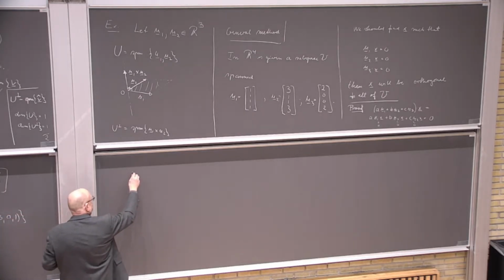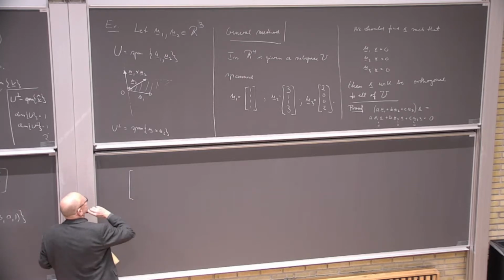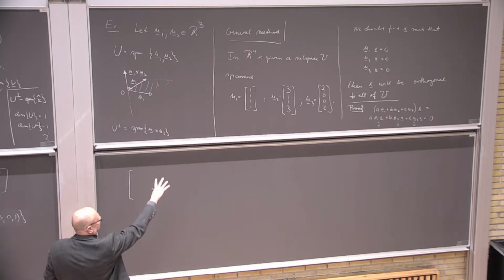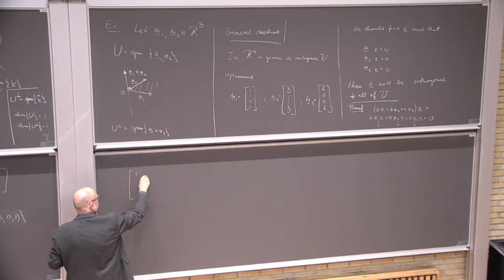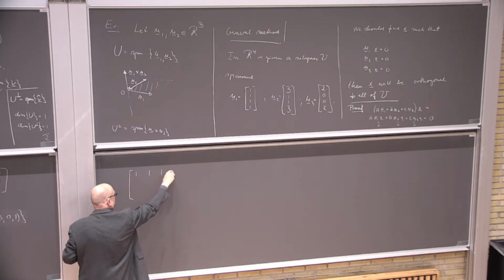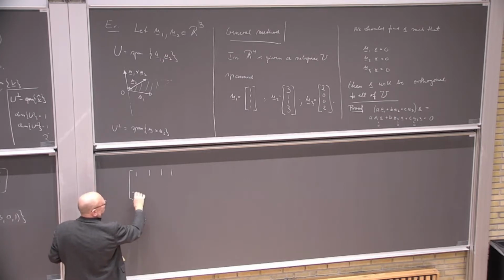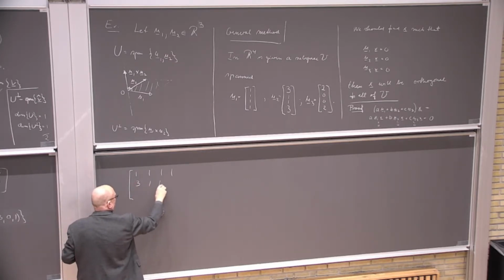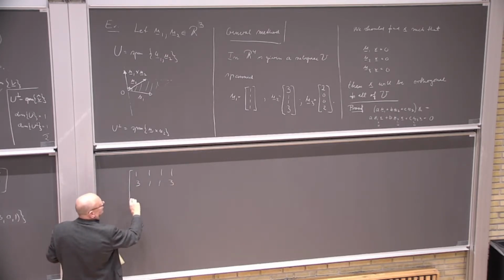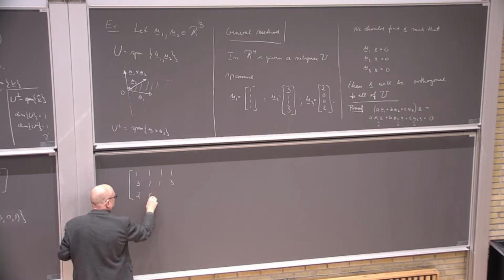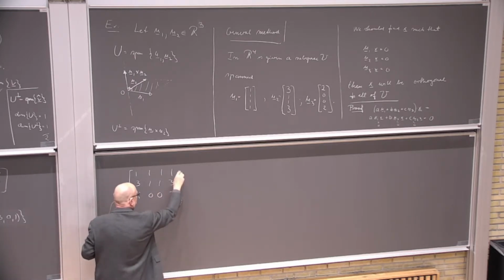So I write down a matrix which has my three vectors as rows: 1, 1, 1, 1, and then 3, 1, 1, 3, and then 2, 0, 0, 2.